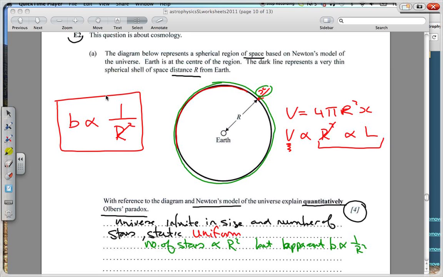So we have that stars in the distance would provide light which would continue to add on. Okay, and the sky would always be bright. So that was the idea with Olber's paradox.